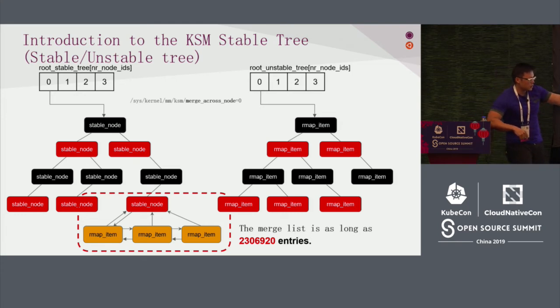So we need to look at the stable tree. We can see the same pages merged into one and put in this stable tree. All the PTEs are merged into one page.